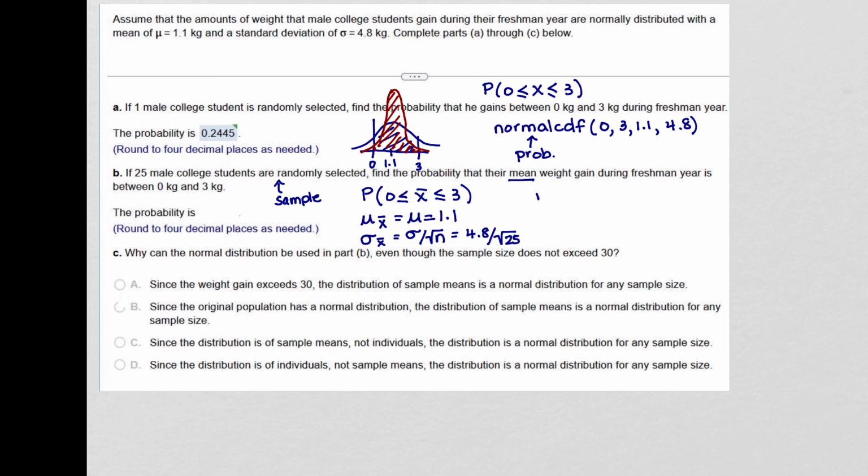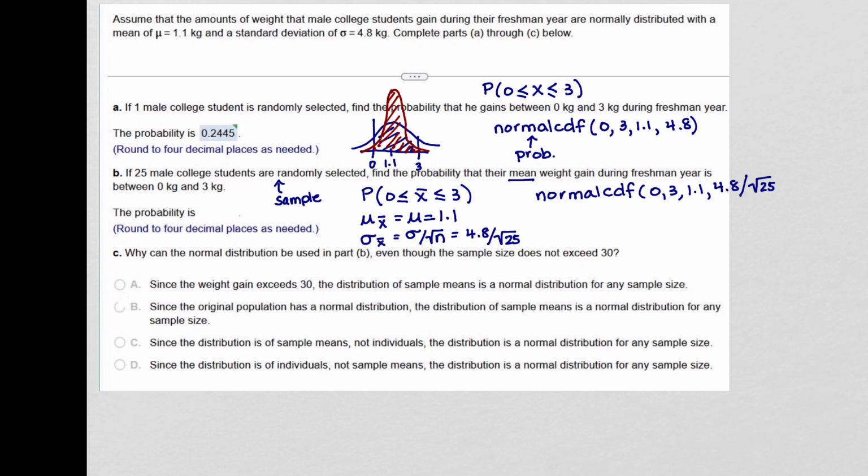So, how do I put this in the calculator? I'm going to do normal CDF, 0 and 3, mean is 1.1, and the standard deviation I'm going to type in as 4.8 divided by the square root of 25. Now you can calculate the square root of 25 in your head, and that's just 5. And then you could divide 4.8 by 5.